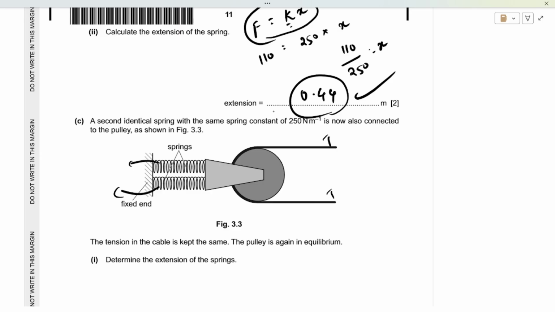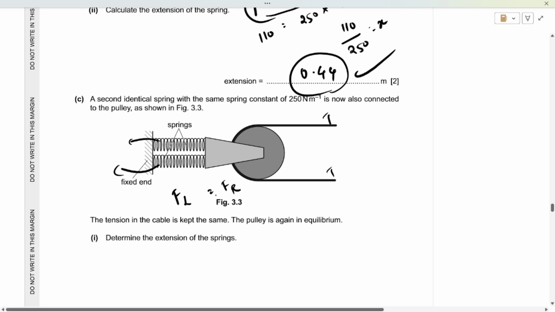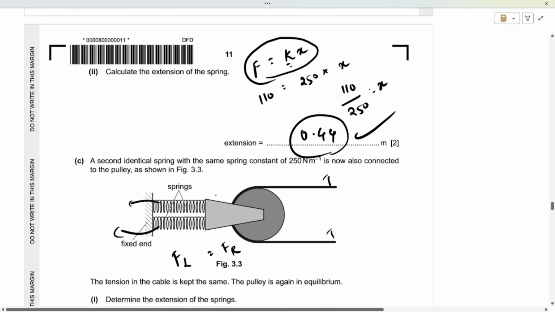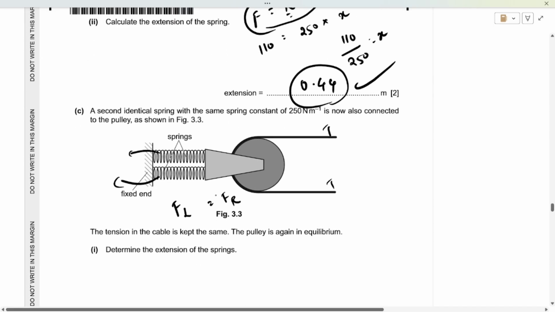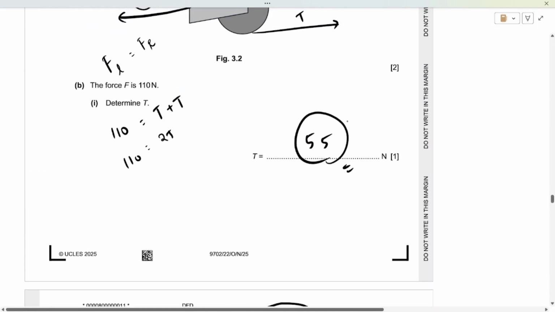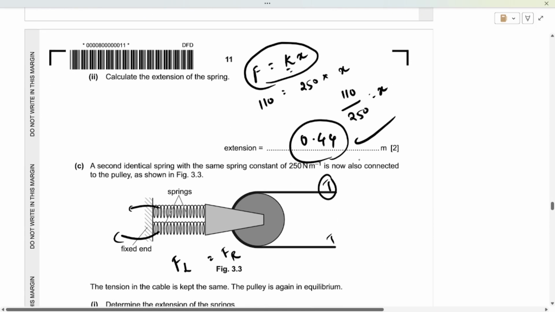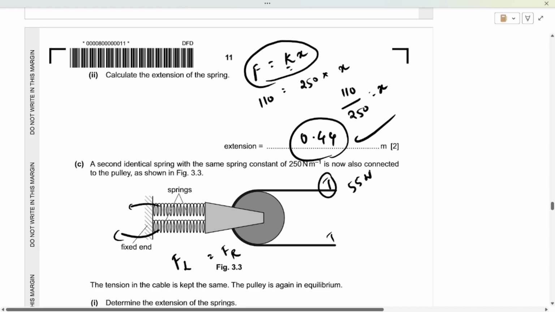Since these are in equilibrium, the force on the left hand side is equal to the force on the right hand side. So the force exerted by the tension force is 55 Newton. Yes, so here we are having 55 Newton, and here we are having 55 Newton, and we don't know the force.